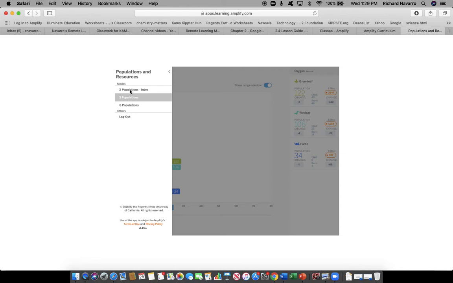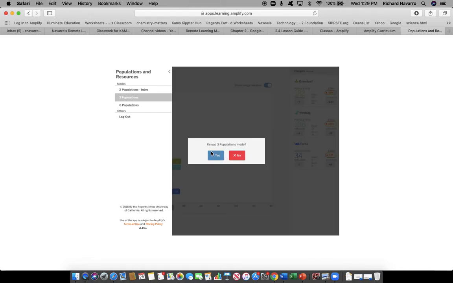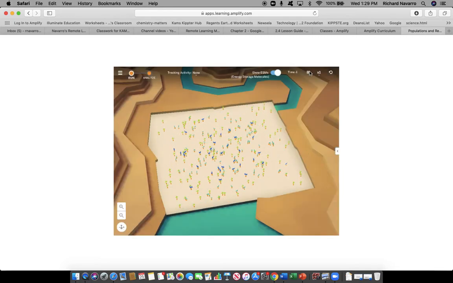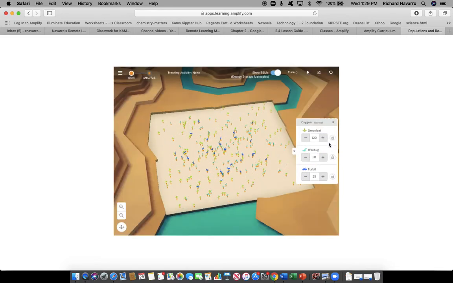So this time, we're going to leave the furbal population alone, but we're going to change the greenleaf population. We'll dramatically cut that down to about half, and then we'll lock it.